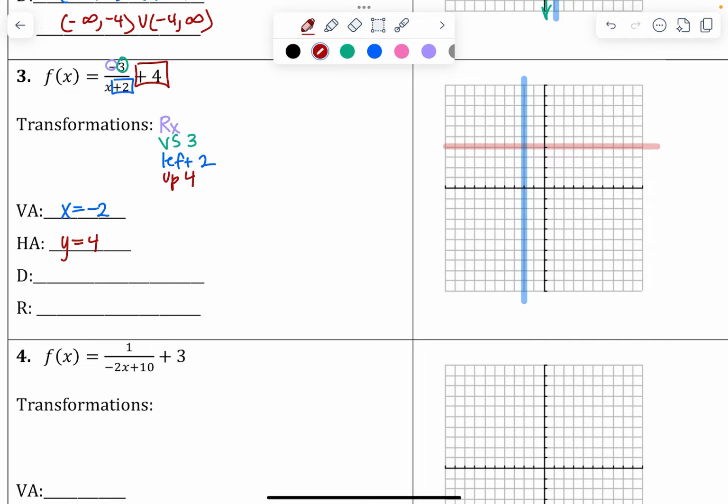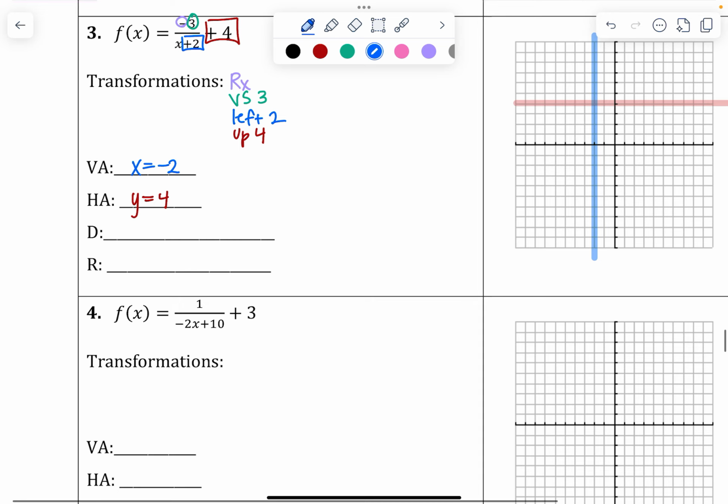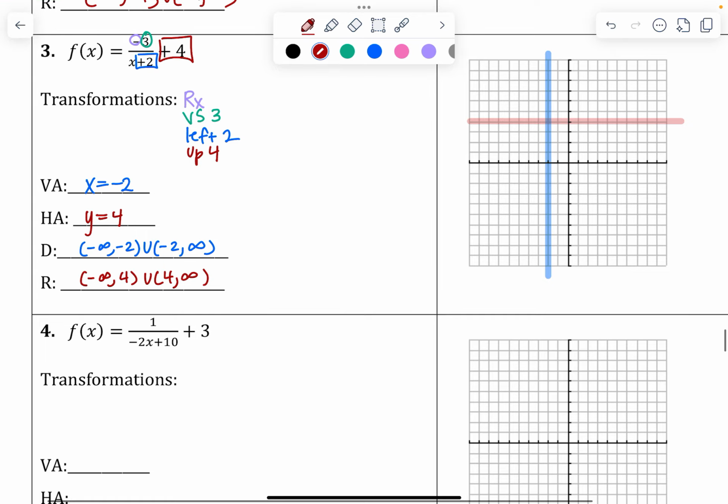And so we can already do the domain and range. Those are the only excluded values: skipping over x equals -2, and skipping over y equals 4. Now we just need to get some points.